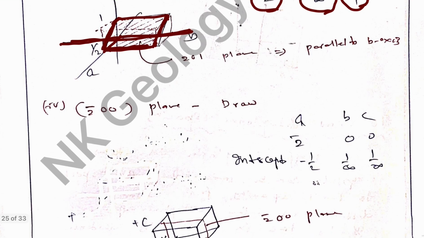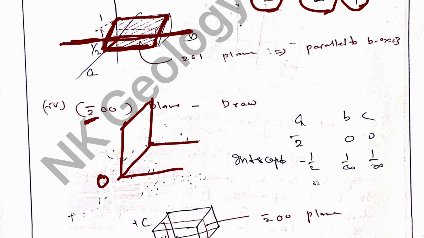Now (2 bar 0 0). So you have to draw the axes like this. We have to show the origin in such a manner that we can find the minus 2 line. If we consider this as 0, this is a, this is b, this is c.